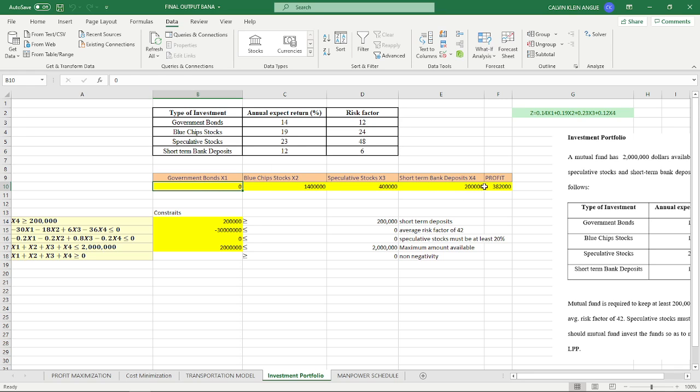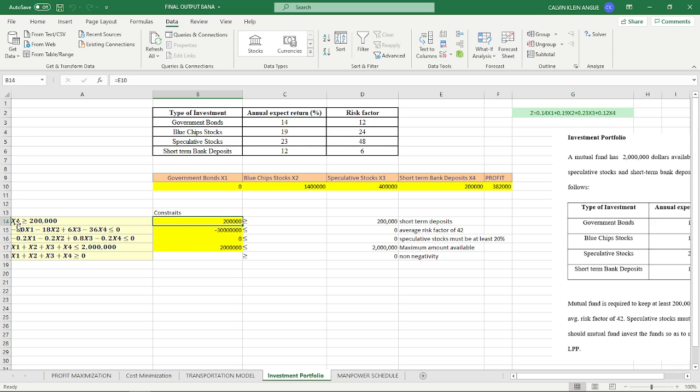Then 0.14 times B10, 0.19 times C10, 0.23 times D10, then 0.12 times E10. That's your formula to know the profit.